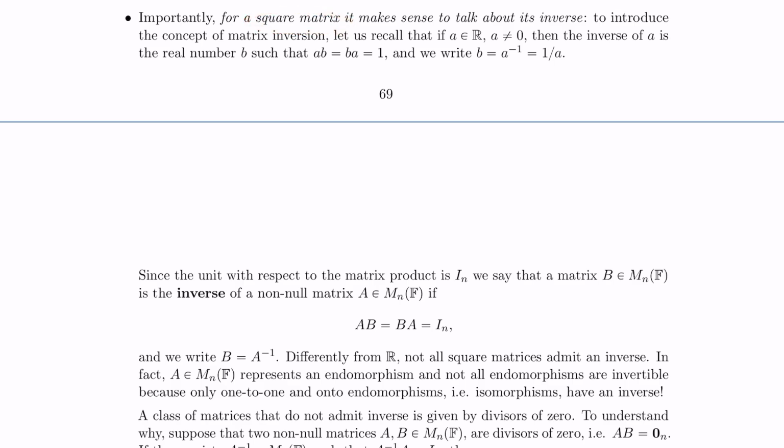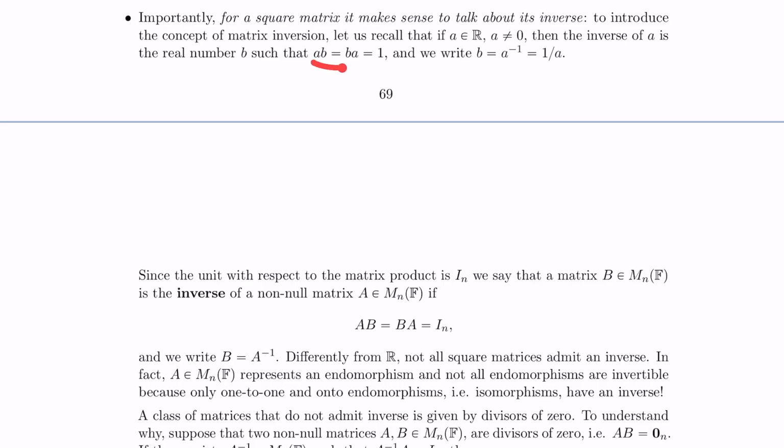To introduce the concept of inversion of a matrix, let's first recall what happens in R. If you have a non-zero real number A, then the inverse of A is the real number B such that AB equals BA equals 1. And in this case, we write B in this way.